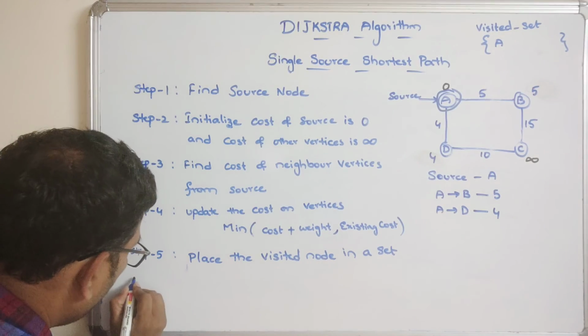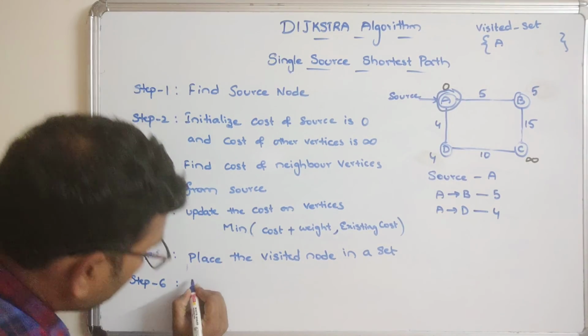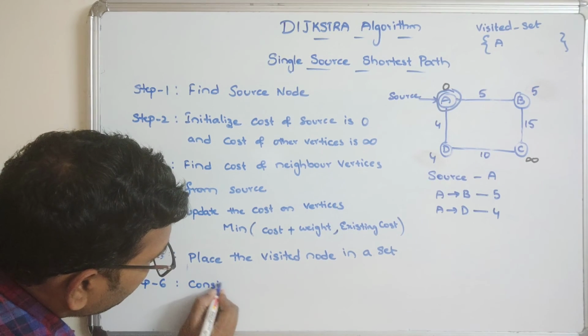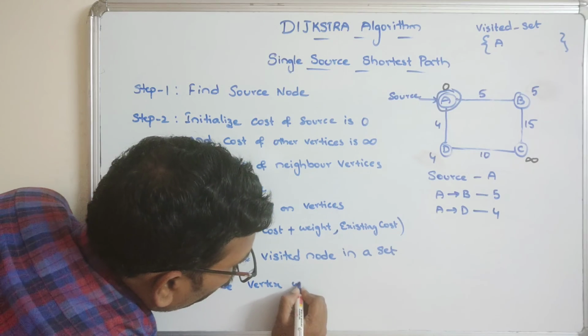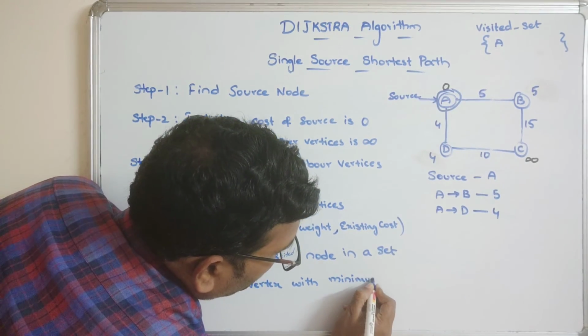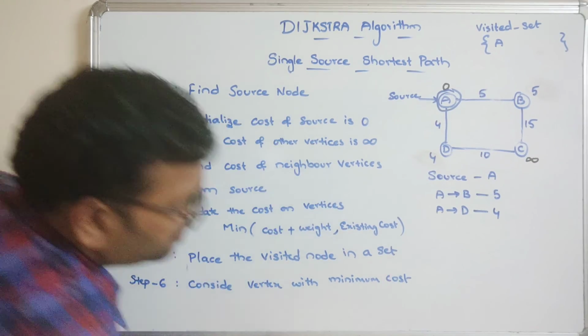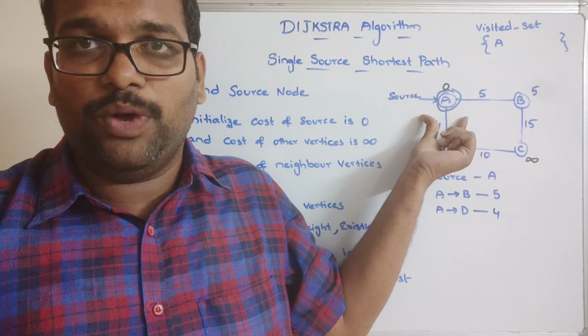Now step 6. Consider the vertex with minimum cost. A is already visited, so we need not consider it.